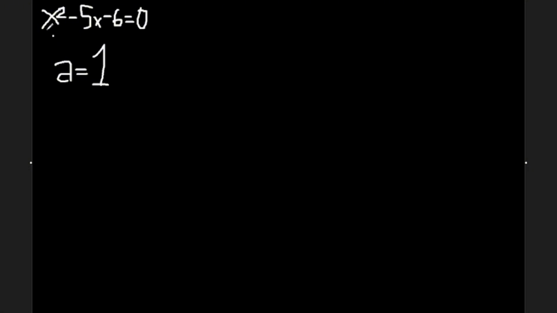All variables have a hidden 1. So, b is equal to negative 5 and c. Sorry, that's x squared minus 5x plus 6 equals 0. My mistake. And c is equal to positive 6.